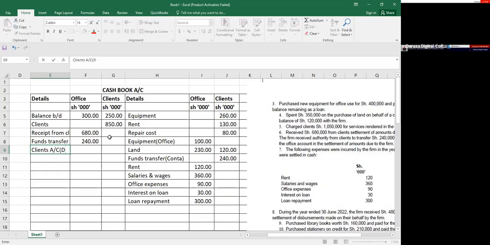Disbursement. We debit our office account for 480.